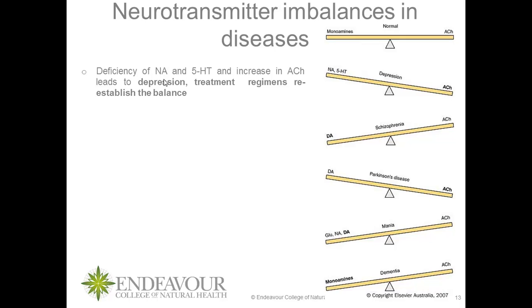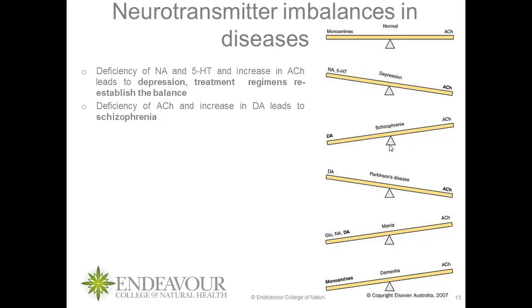So our drug treatment regimen is designed to re-establish a balance. So at first, as shown here, it might bring back up the levels of noradrenaline and 5-hydroxytryptamine. Similarly, we might want to drop the levels of acetylcholine. In schizophrenia, once again, as we said previously, it might be due to increased levels of dopamine in the CNS.